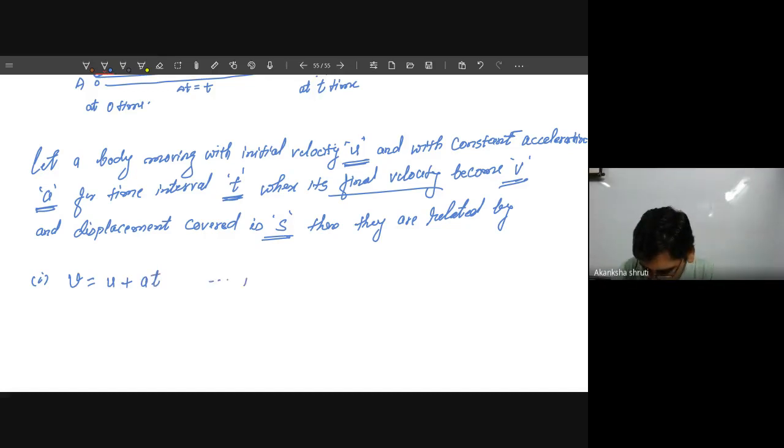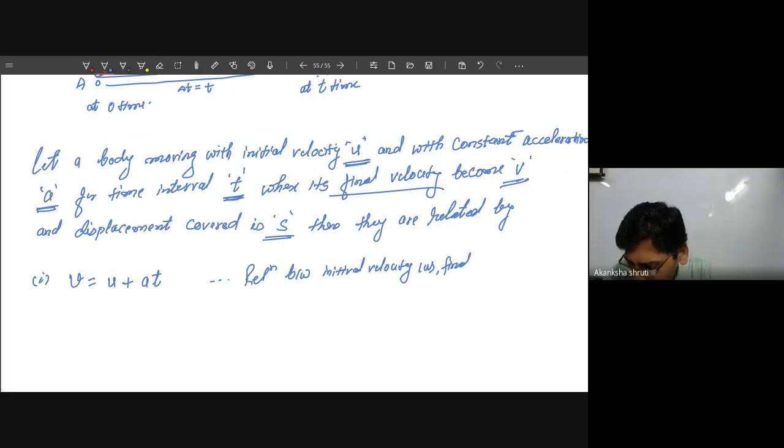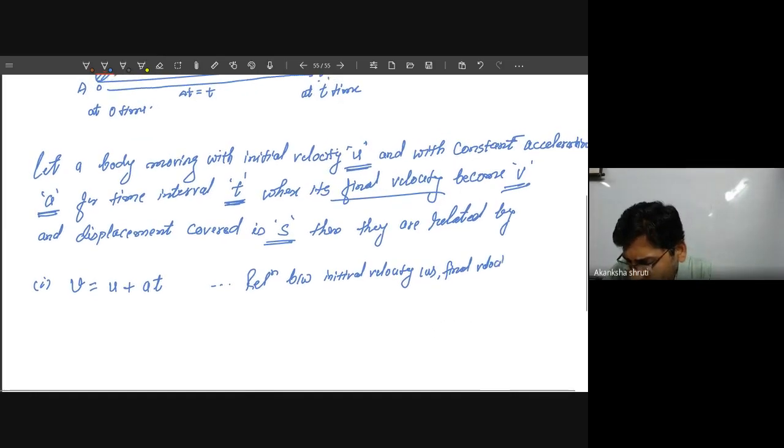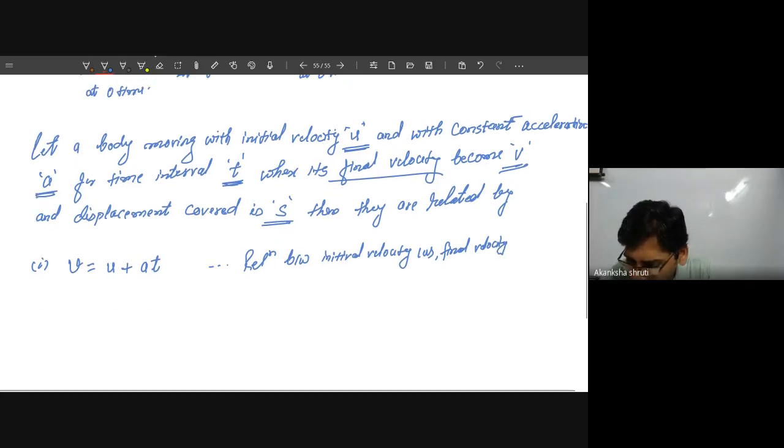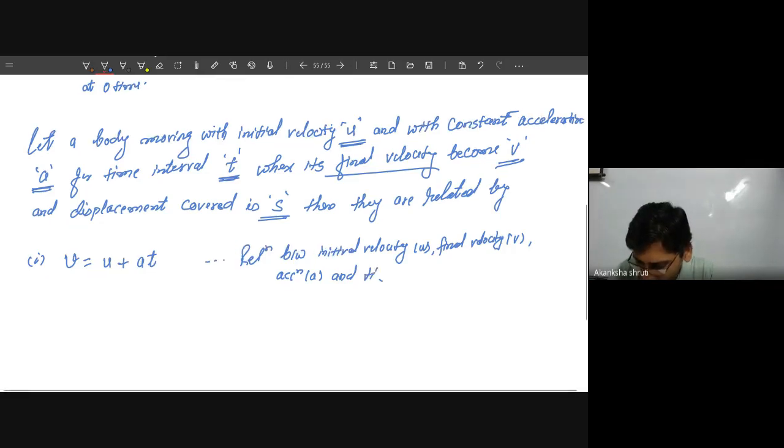It is the relation between initial velocity u, final velocity denoted by v, the acceleration a with which the body is moving, and the time t for which the body is moving.